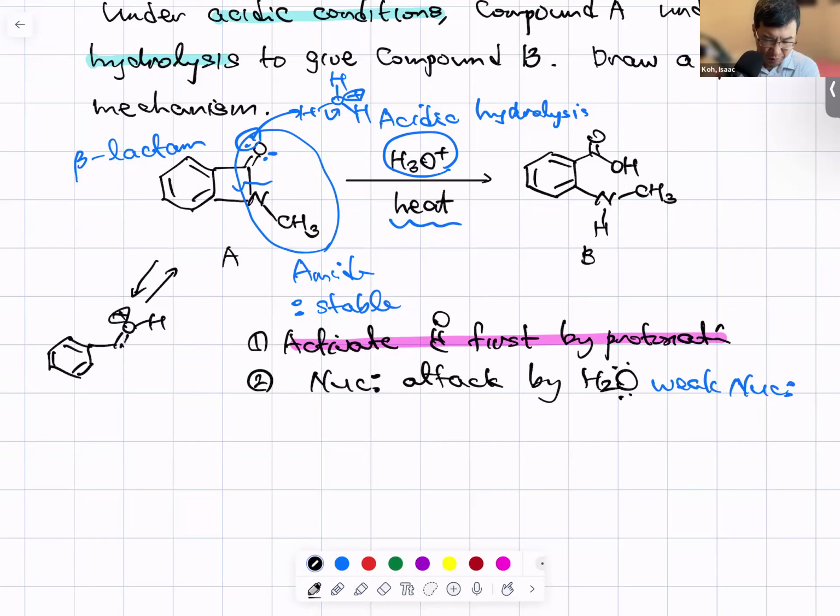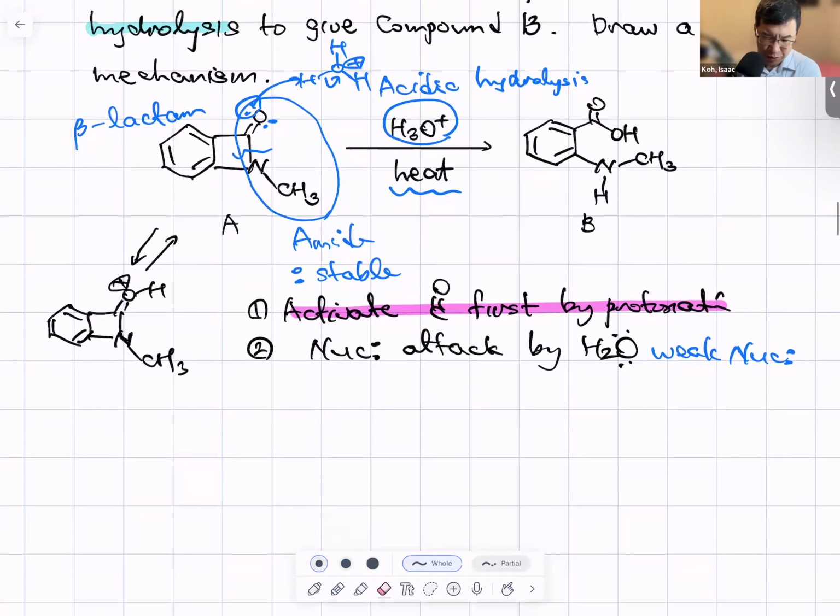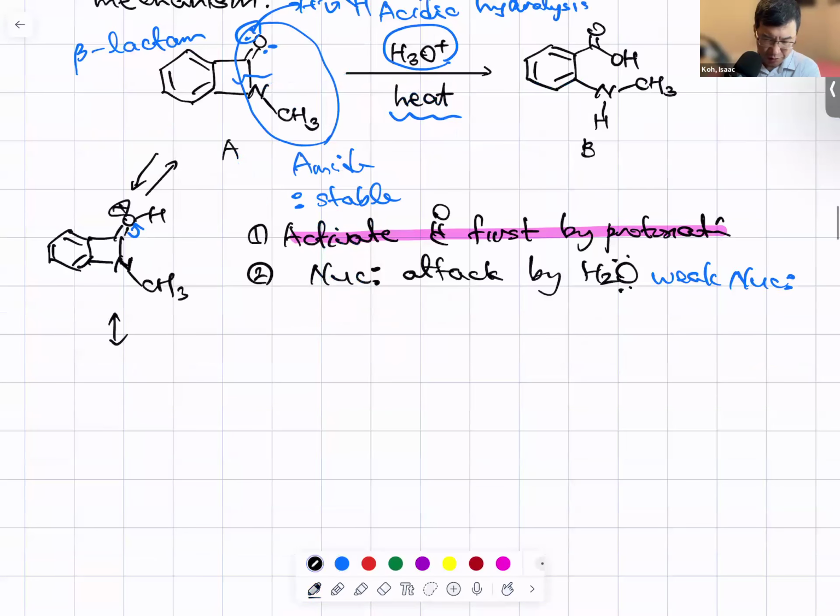When it becomes protonated, it becomes very reactive because we can draw a resonance structure. Here we can draw a resonance structure because oxygen is taking electron density toward itself.